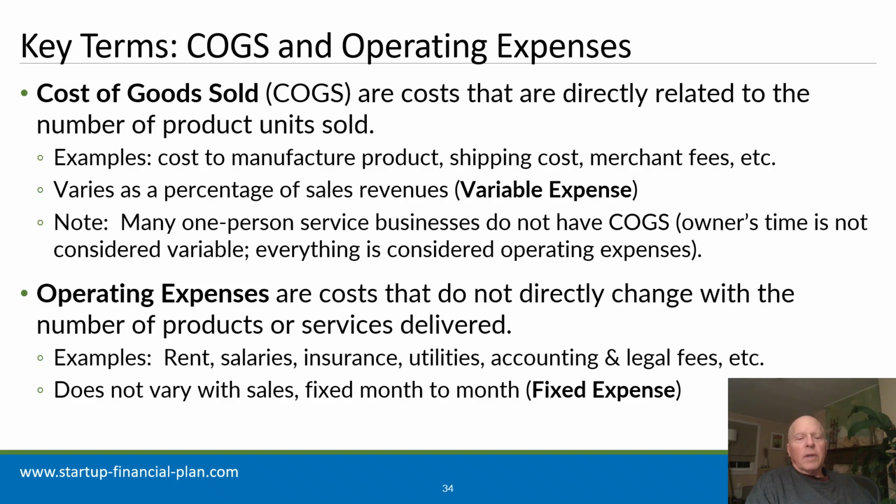They're not directly related to the product or the service at all, like paying insurance every month, or rent, or accounting fees, or legal fees, or whatever. And these operating expenses don't vary much month to month, so a lot of people will refer to those as fixed expenses. So we have two major categories of expenses on the income statement.